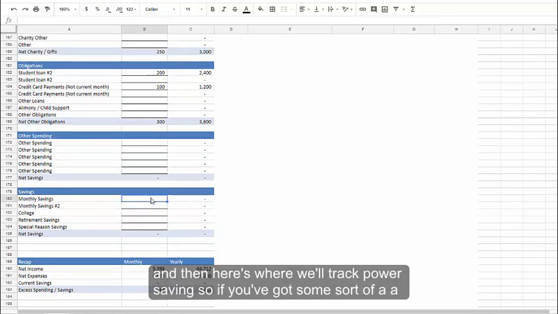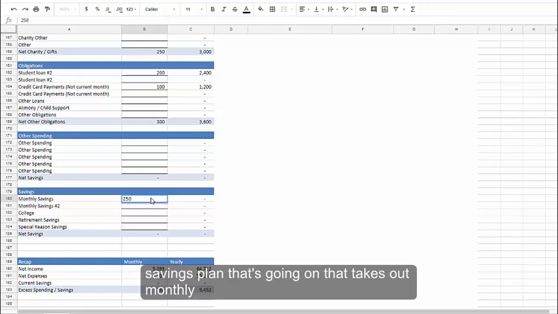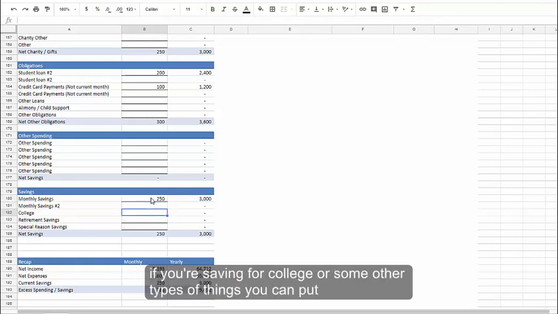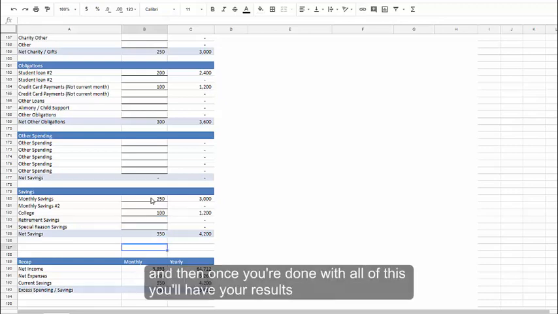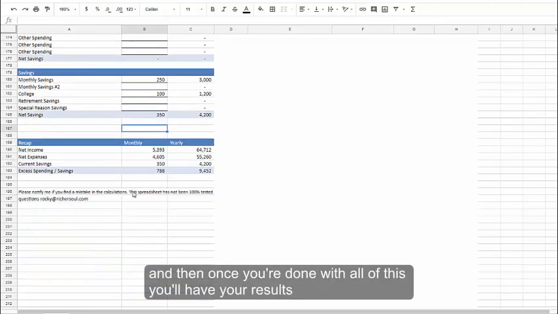And then here's where we'll track our savings. So if you've got some sort of a savings plan that's going on that takes out monthly, if you're saving for college or some other types of things, you can put that savings in here as well. And then once you're done with all of this, you will have your results.